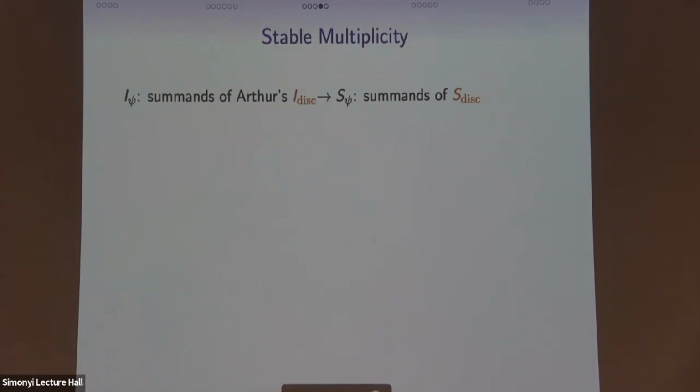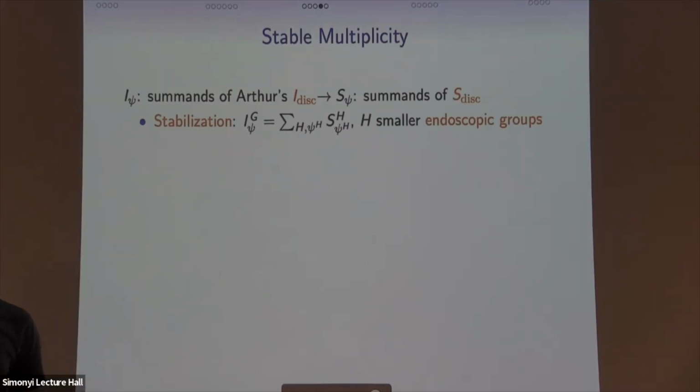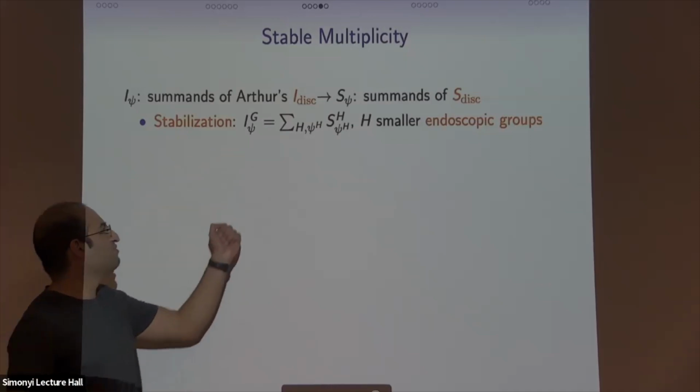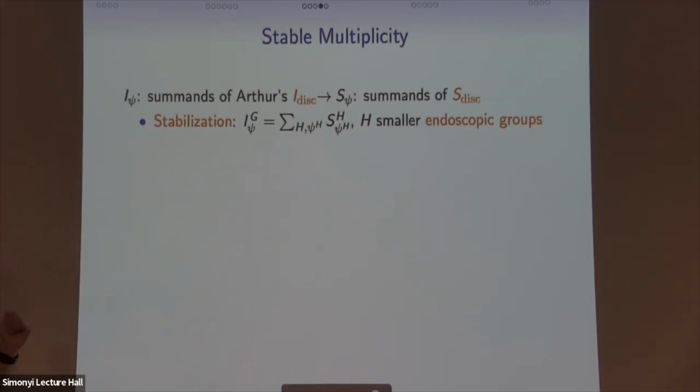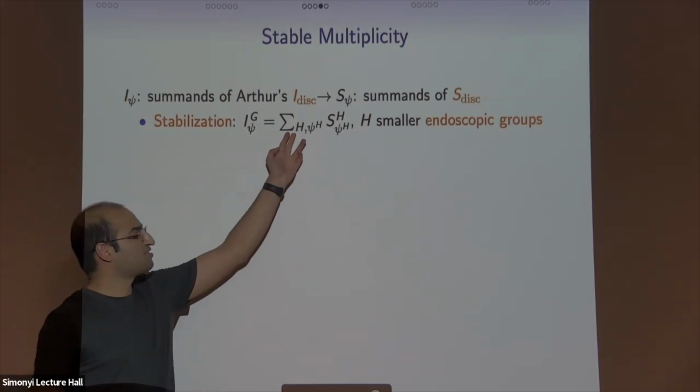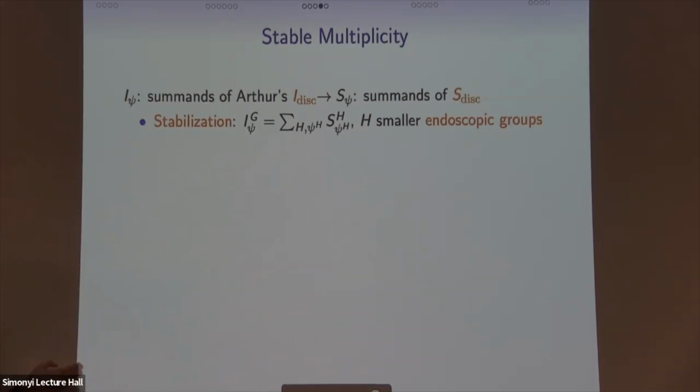The key point is that there's a result called stabilization that works at the level of these I_psi's and S_psi's. We can write I_psi as a sum of S_psi's on smaller groups, called endoscopic groups. We're going to do an induction later, and this is going to be part of the induction: breaking up the I_psi into S_psi's on smaller groups.